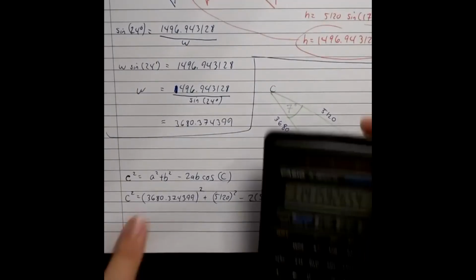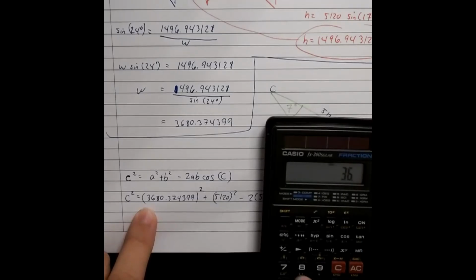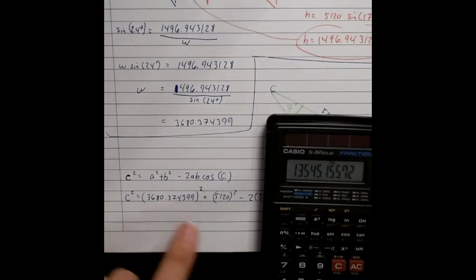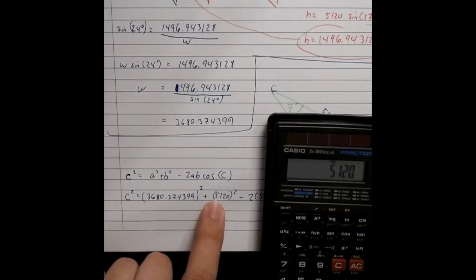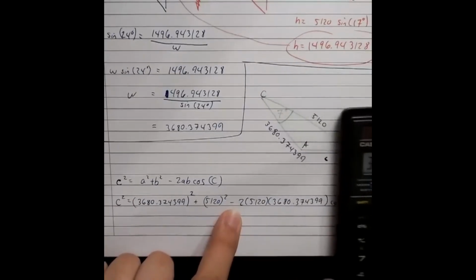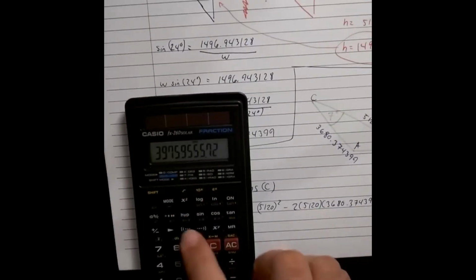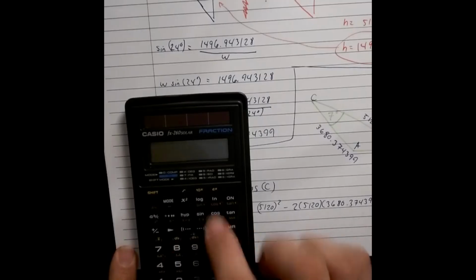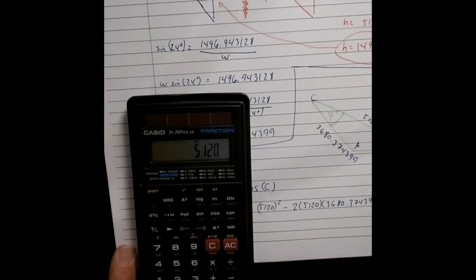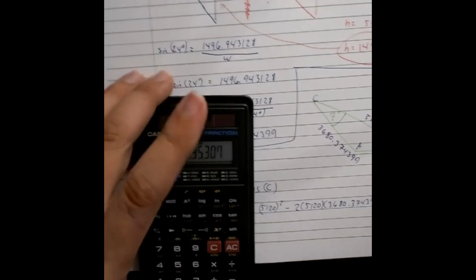We've got 3680.374399, square that, plus 5120, square that, and then minus, and here my calculator needs parentheses because that's a big expression. So that's the cosine of 7 degrees times 3680.374399 times 5,120 times 2, equals that big old number.